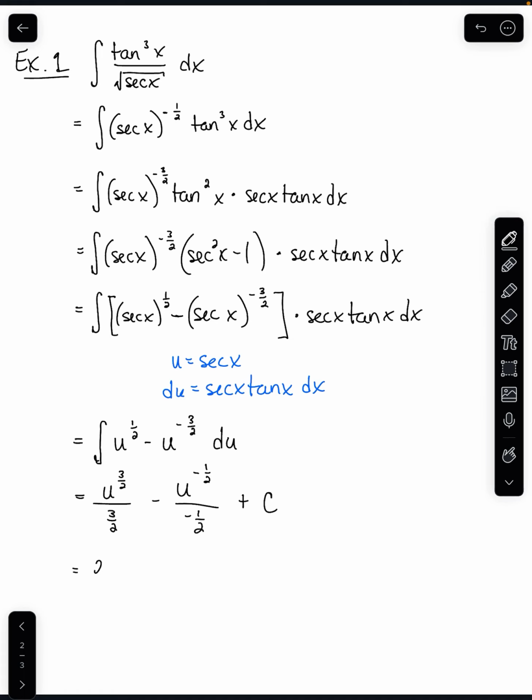Fixing the fractions and resubstituting secant x for u, we have 2/3 times secant x to the 3/2 plus 2 times secant x to the negative 1/2 plus c.